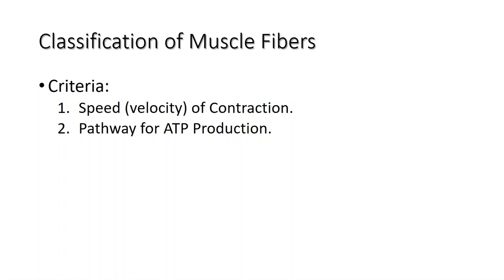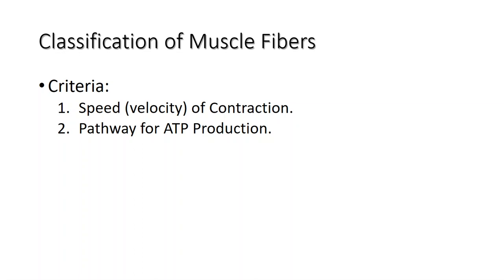Number two, pathway for ATP production. The cells that rely mostly on the oxygen using aerobic pathways for ATP generation are oxidative fibers. Those that rely more on anaerobic glycolysis and creatine phosphate are glycolytic fibers.